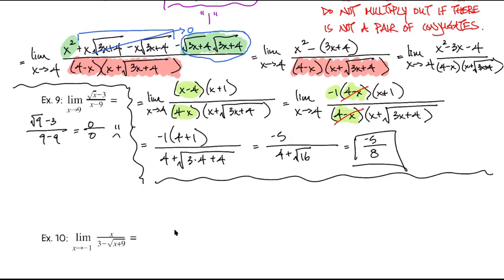But if we want to highlight this complex conjugate strategy, it might look something like this. The limit as x approaches 9 of square root of x minus 3 over x minus 9 times the fanciest way of saying 1.